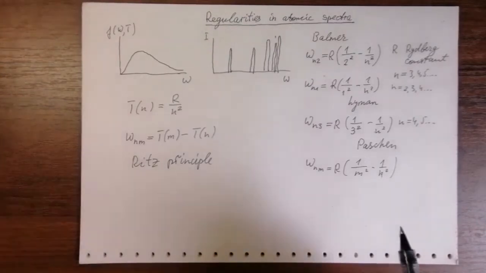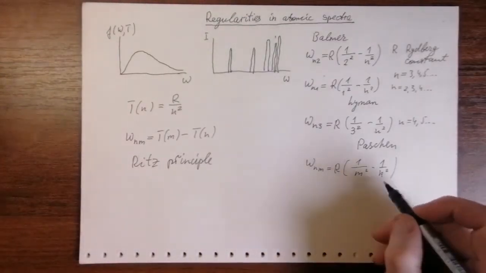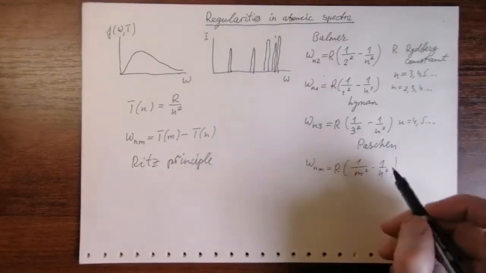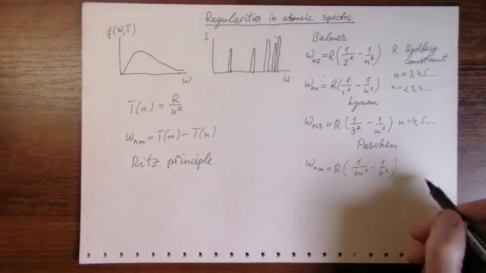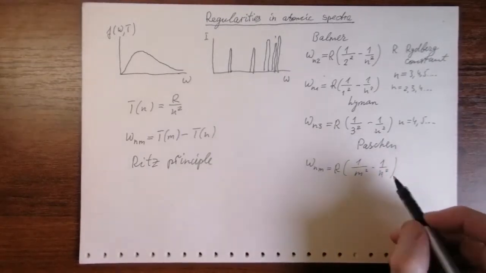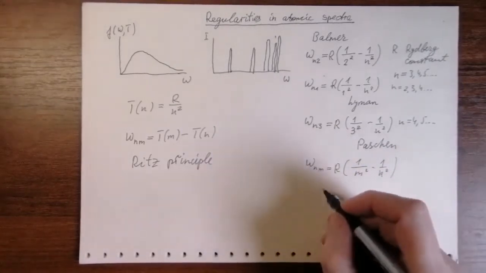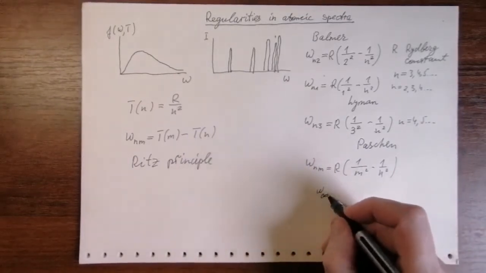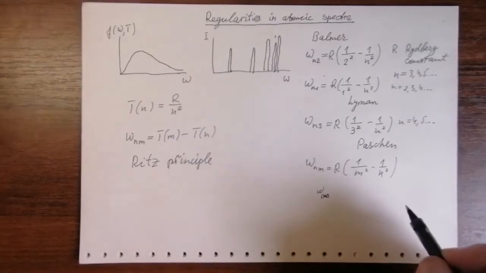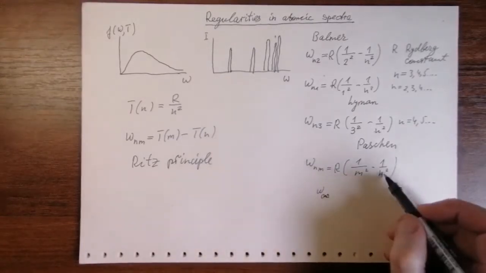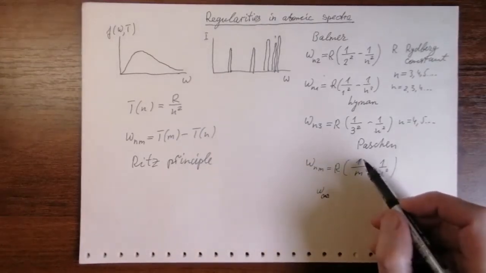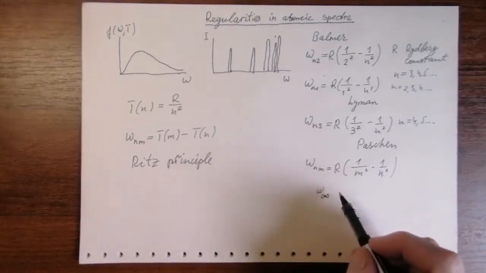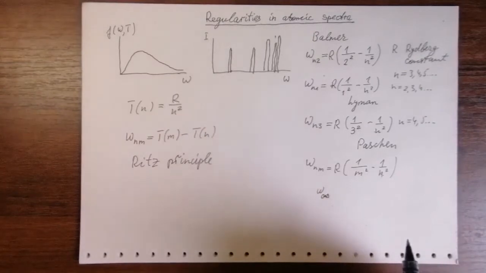And by the way, if in each of these formulas we tend n to infinity, we will come to some omega infinity, which corresponds to when n is very large, so it is just 1 over m squared, and corresponds to the limit of series.